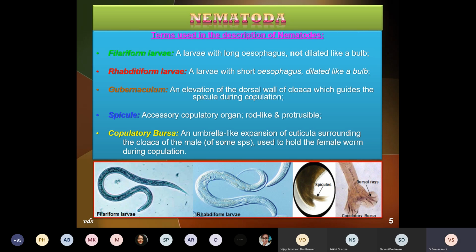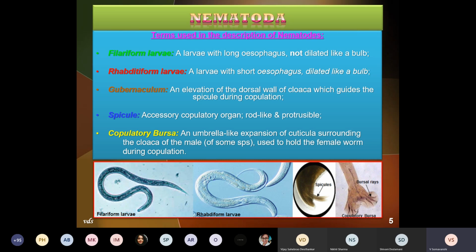Okay, then gubernaculum. Gubernaculum is a term which is just an elevation of the dorsal wall of the cloaca. Where the cloaca is present, the dorsal wall is slightly elevated. This is because the spiny spicules are present in that particular area. And these spiny spicules are protrusible spiny structures or copulatory organs.